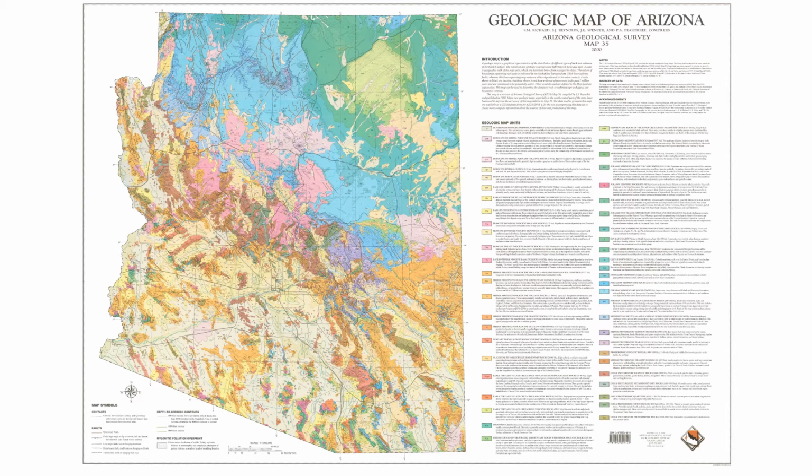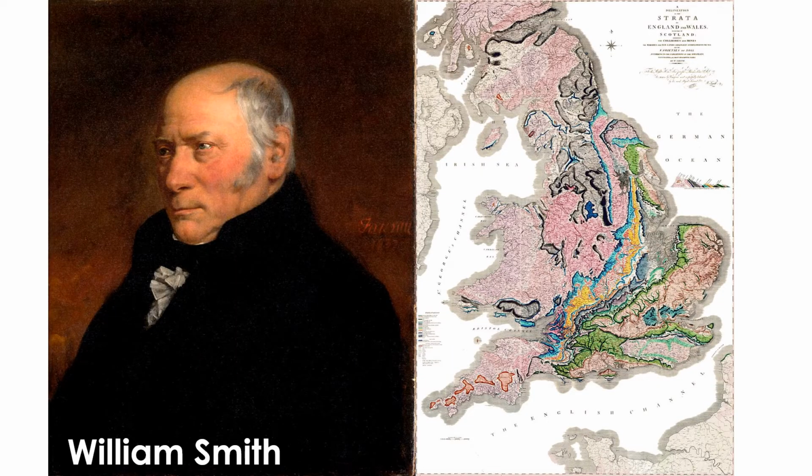In fact, there are many ways you could proceed, but the best way might be to look at a geologic map. Geologic maps illustrate where rocks occur on the surface of the planet. William Smith, a pioneering English geologist, created the first large-scale geologic map in 1777, as well as the first nationwide geologic map of any country in 1815.